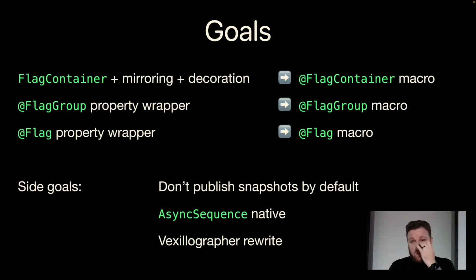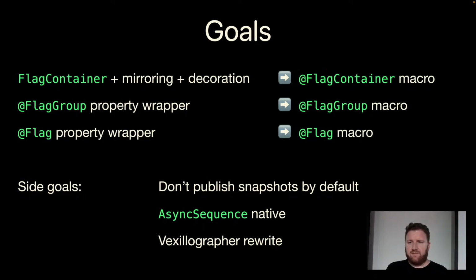So what are we trying to do with these macros, right? So our flag container is a struct. Things get copied around quite a lot. We mirror that. That's not good. And we do decorating on that. So we pass the weak references to the flagpole around everywhere. We can replace all of that with a flag container macro.